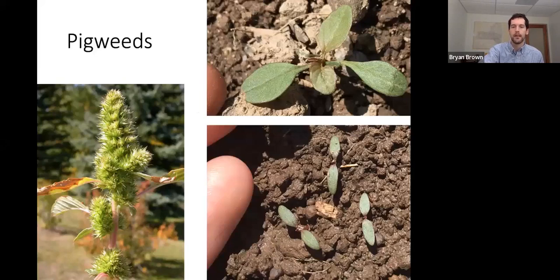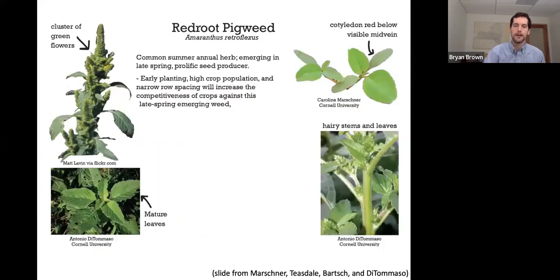Okay, so a few different pigweeds. First, I'll talk about red root pigweed. Again, thank you, Carrie, for these excellent slides. Red root pigweed is one that is ubiquitous in New York, and we have a few different pigweeds: smooth pigweed, Powell amaranth. But in general, they're a little bit darker green than a lot of our weeds.